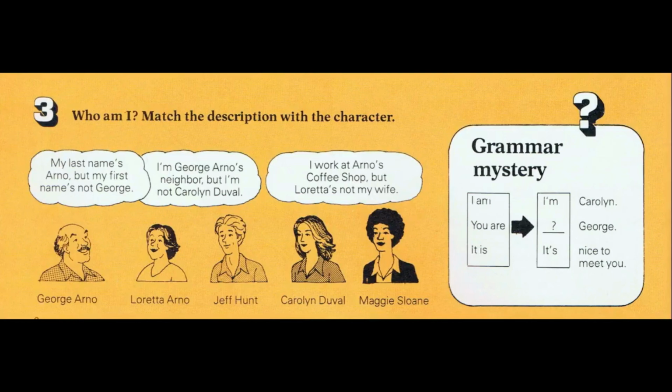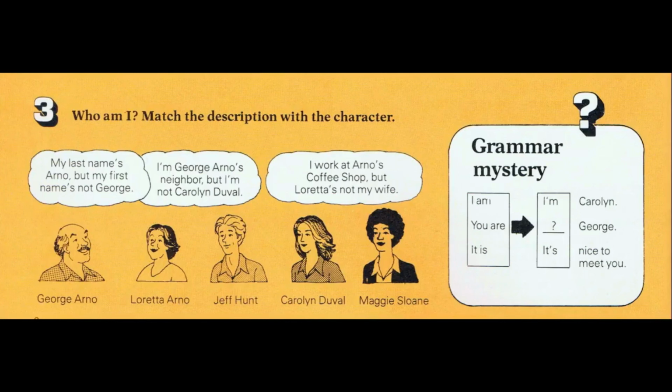Maggie Sloane. There are 2 girls in that building, one Carolyn Duval, one Maggie Sloane. So if it is not Carolyn, it is Maggie. Then, I work at Arno's coffee shop, but Loretta is not my wife. Who is that? Jeff. Jeff Hunt, the boy who works for George Arno at the coffee shop.